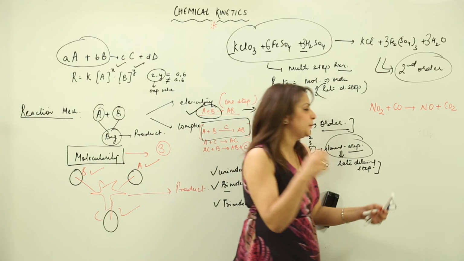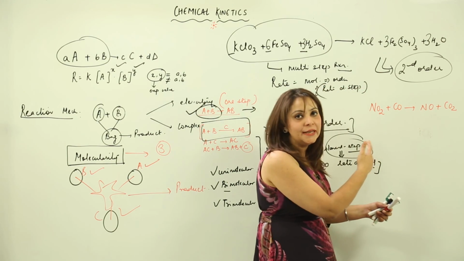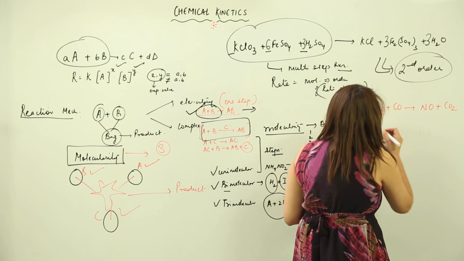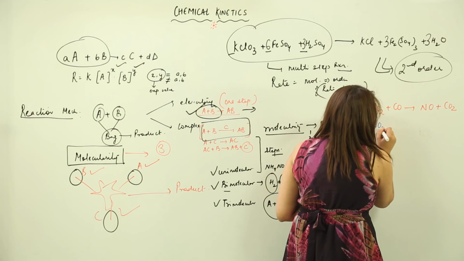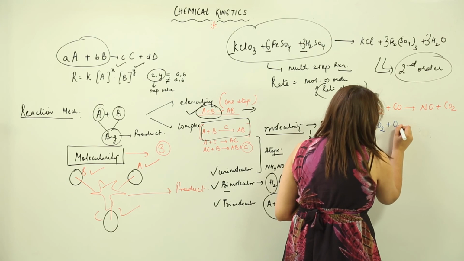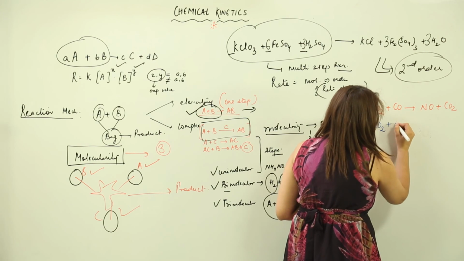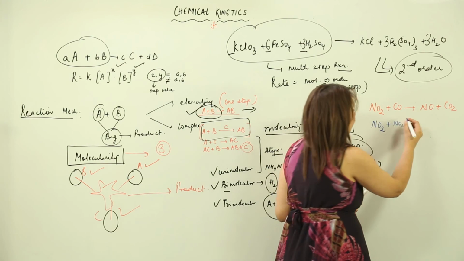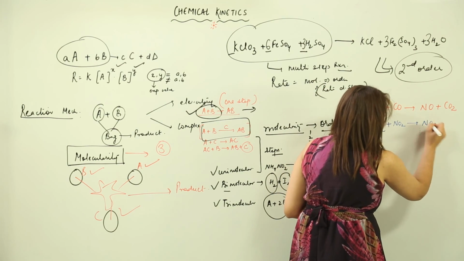Now what are those two steps? We are going to write a mechanism for this reaction. So what happens? This NO2 first combines with NO2 again. NO2 is going to combine with itself and will form NO3.